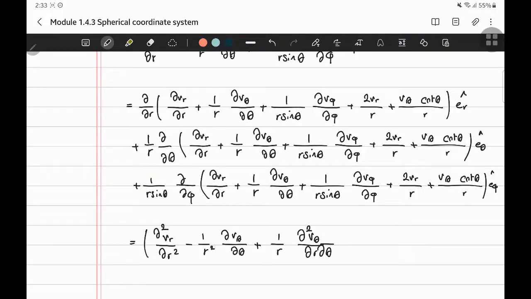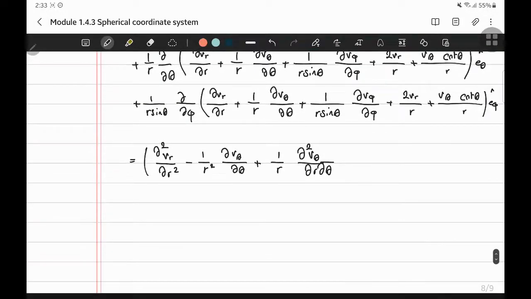Then we have this partial derivative of v theta with respect to theta, so it goes here, plus 1 divided by r, and now we take the derivative of this term with respect to r. So we have this equation here.